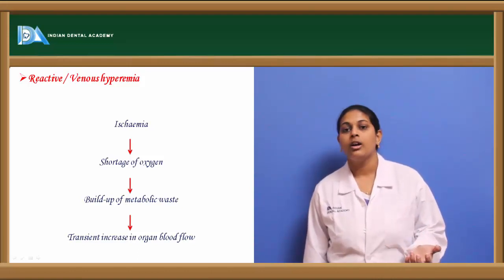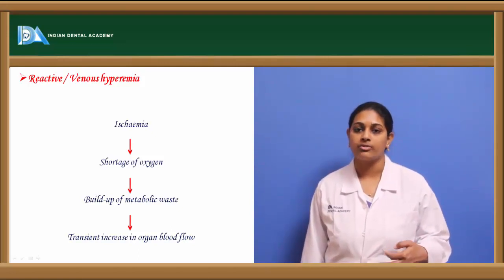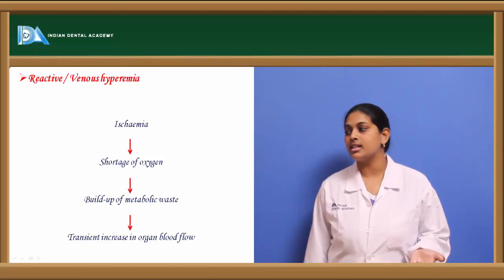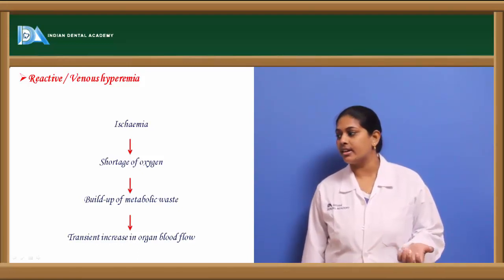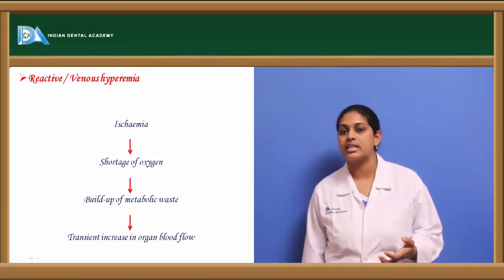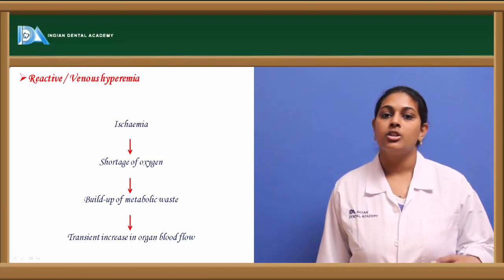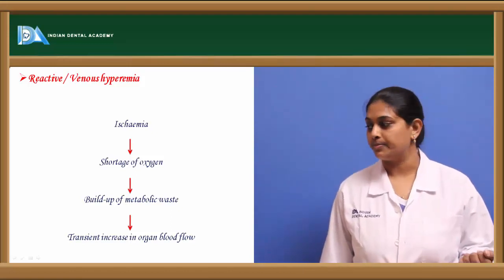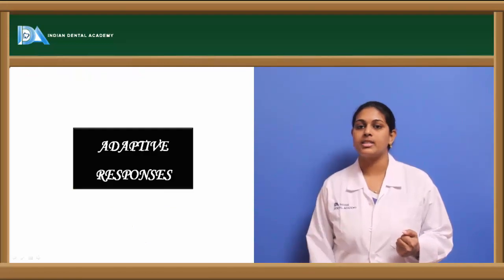Since oxygen is also required for driving the metabolic waste out of the body, this results in increased accumulation of metabolic waste, by which there is an increase in the organ blood flow. Since there is an increase in metabolic waste, there is ultimately an increase in the organ blood flow for this metabolic waste to be removed from the body. This is what happens in reactive or venous hyperemia. So this is what explains the hyperemia.